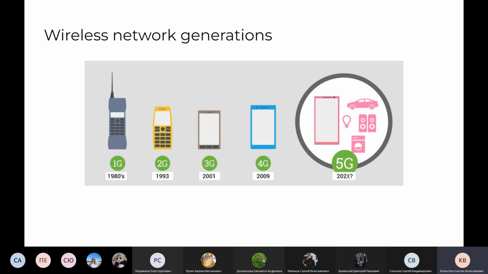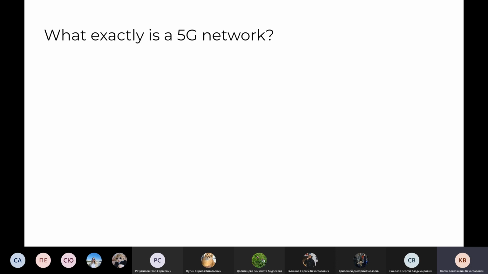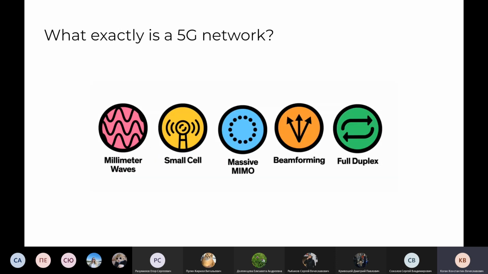Just imagine downloading an HD movie in under a second and then let your imagination run wild. 5G will be the foundation for virtual reality, autonomous driving, the Internet of Things, and stuff we can't even imagine yet. What exactly is a 5G network?